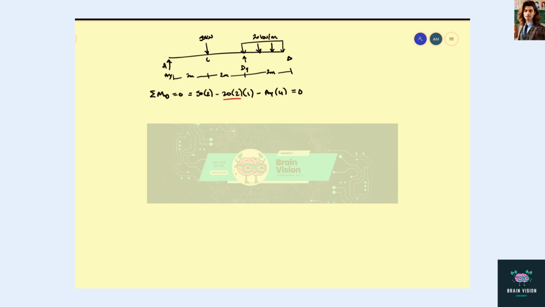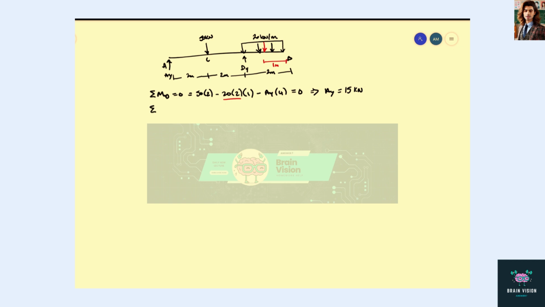For this, we're just doing the middle force here, so 20 times that entire distance of this load, so 40, and then you times it by its half the distance. So solving for this, we get AY is equal to 50 kilonewtons.